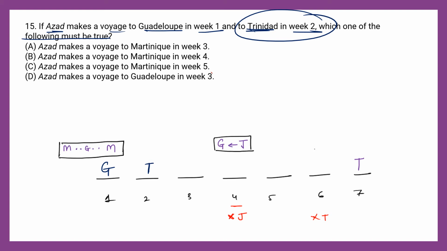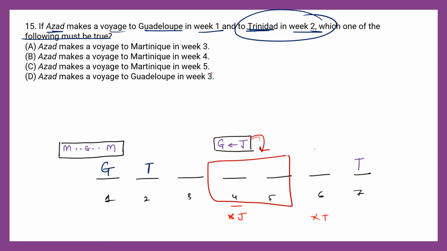Now, once again, let us see where we can put this cluster of G and J. Can you put it here? Can you put a G and a J here? No, you can't, because you can't put the J here. So that's not possible. Can we put it here? Can we put it here?